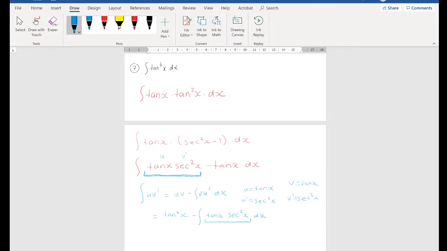Okay, so if we let that, what we were just doing, integration by parts, be I, then I have the integral is equal to tan squared x minus I. So I bring that I over, I get two I's is equal to tan squared x.